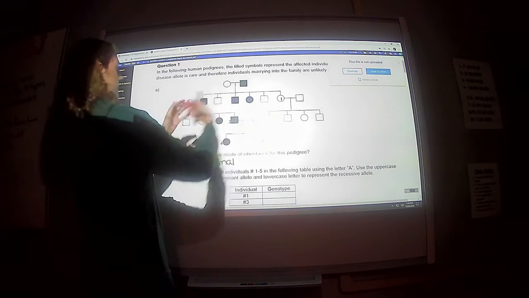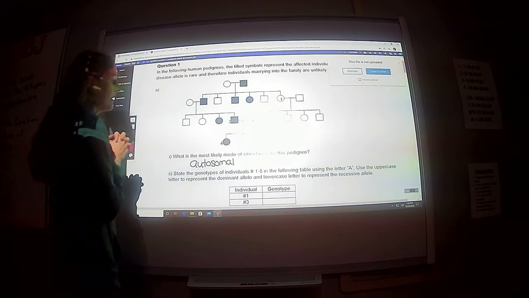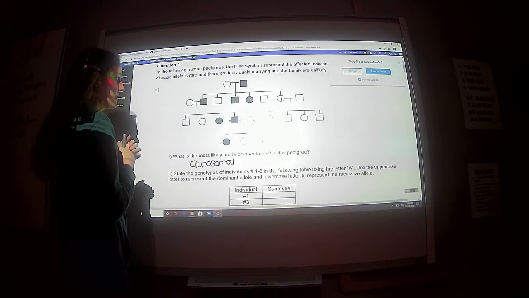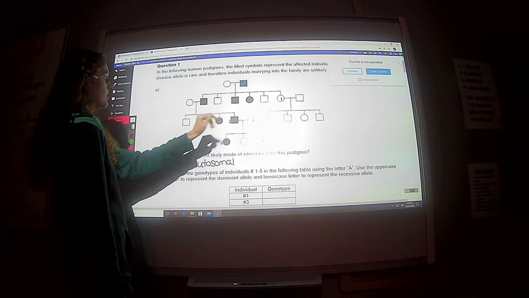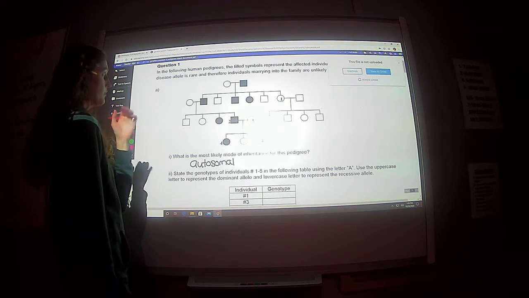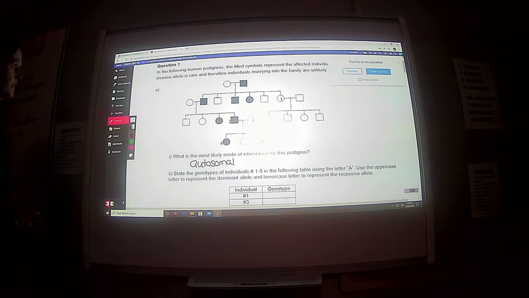These people have a lot of kids. Looking at any parents and their kids, it looks like you can have an affected parent and you can have kids who either are affected or are not affected by it.